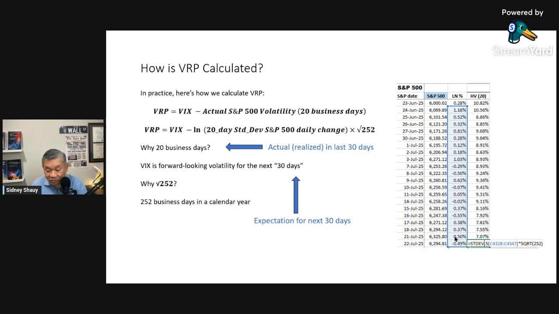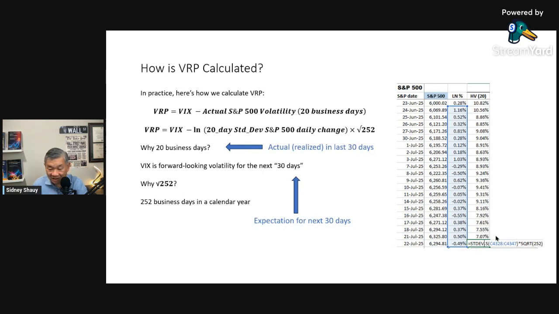And then what you do is, let's say today is the 22nd of July, we're going to take the last 20 readings. We're going to calculate the standard deviation of this set of numbers, and we're going to multiply by the square root of 252. That's it.